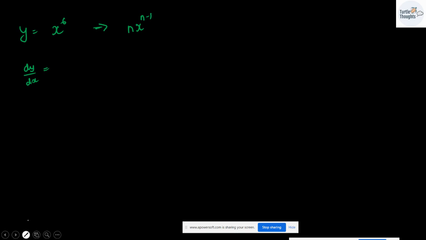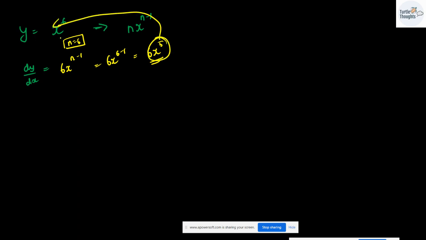Substituting for this particular value, here the value of n is equal to 6, dy by dx is going to be n, which is 6, x to the n minus 1, which is going to be 6x to the 6 minus 1. The answer is going to be 6x raised to the power 5. 6x to the power 5 is going to be the differential of the function y is equal to x to the power 6. Let me take one more example.